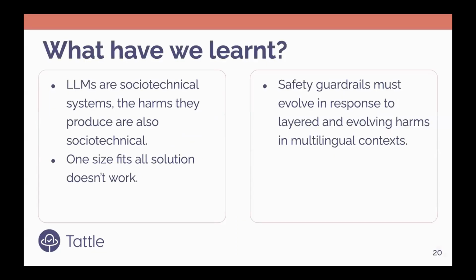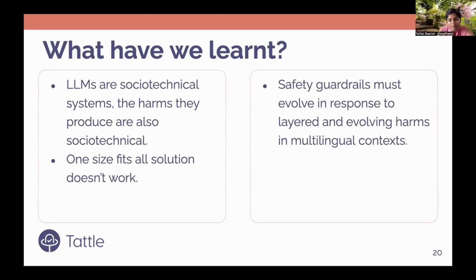And so we've got some broad learnings from implementing and doing the pilot tests of these guardrails. One, since LLMs are socio-technical, the harms that are emerging from them are also socio-technical and constantly evolving, which means our guardrails cannot be a one-size-fits-all solution, right? And second, safety guardrails have to evolve in response to the kinds of layered harms that we're observing.